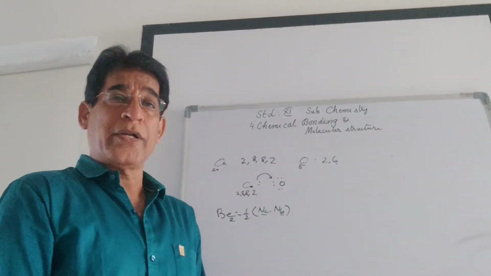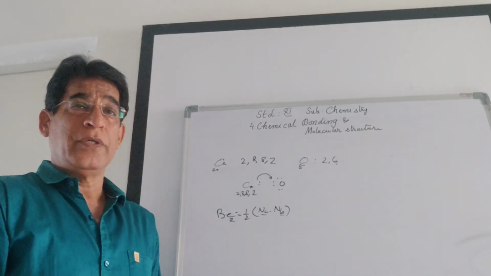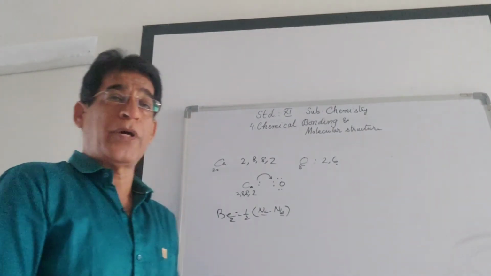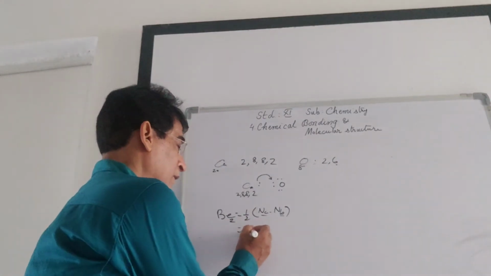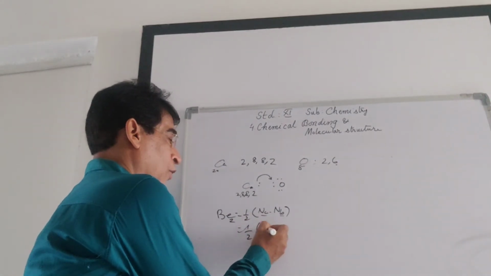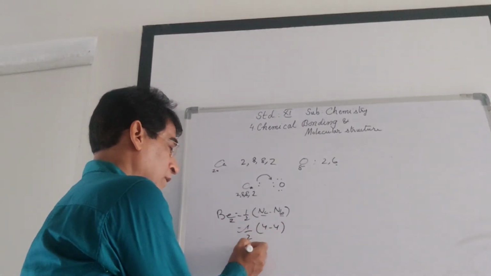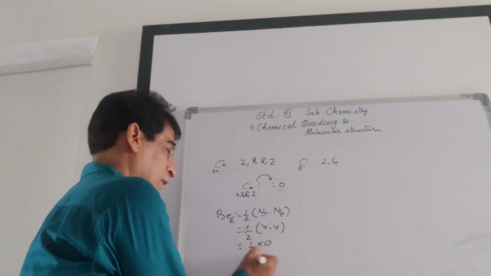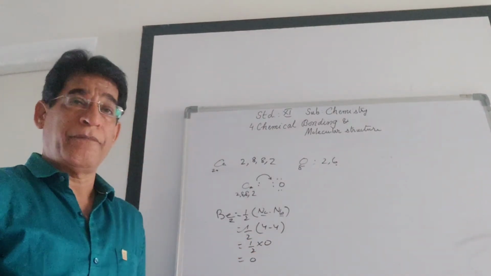The bond order of Be2 is equal to 1/2 (4 minus 4), which means 0.